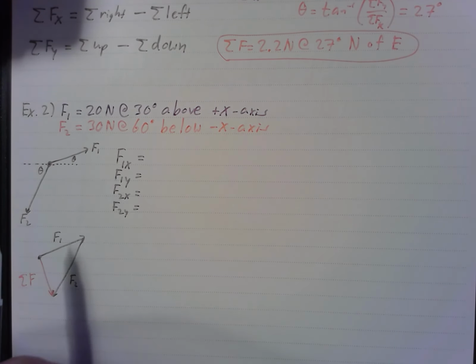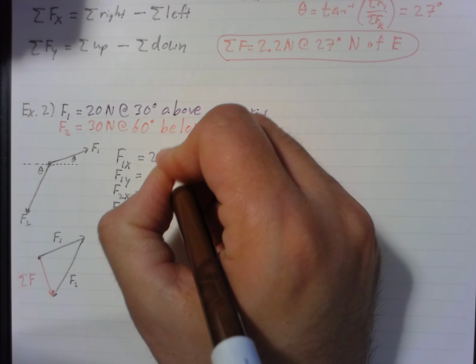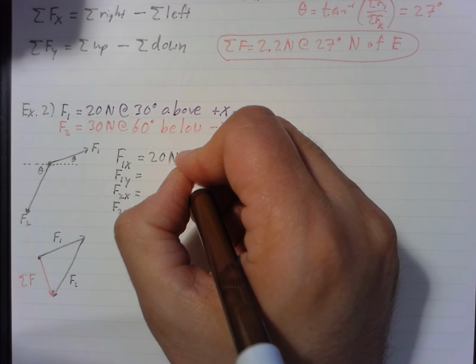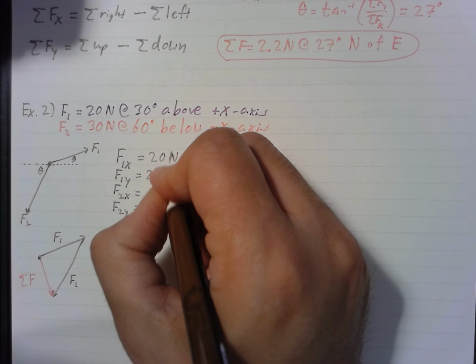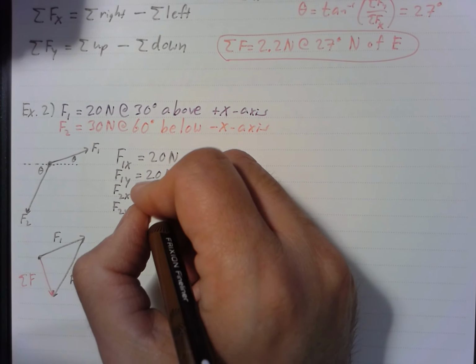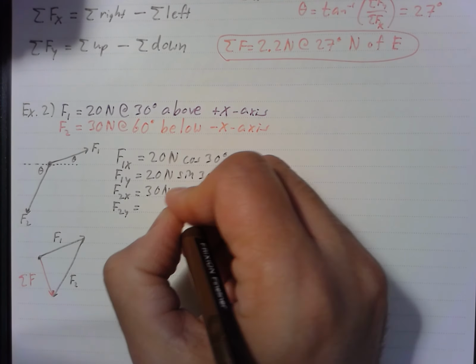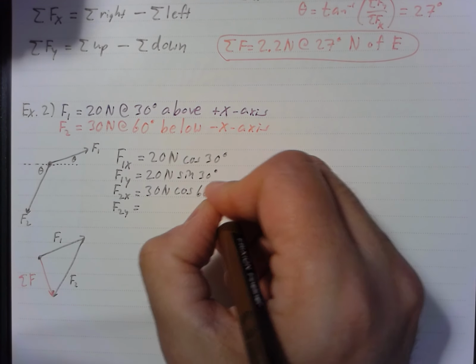I'm going to blow through the trig so you don't have to sit here and look at it, but feel free to pause as much as you need. So I'm just going to write out all the trig, and we can look at the results afterwards.